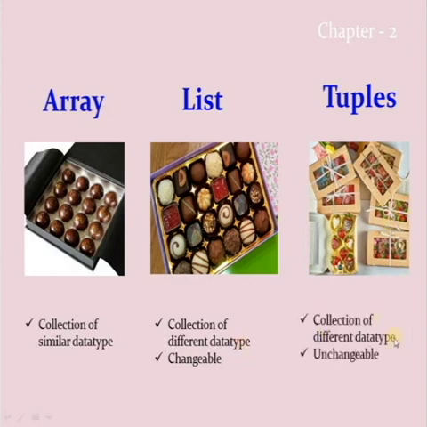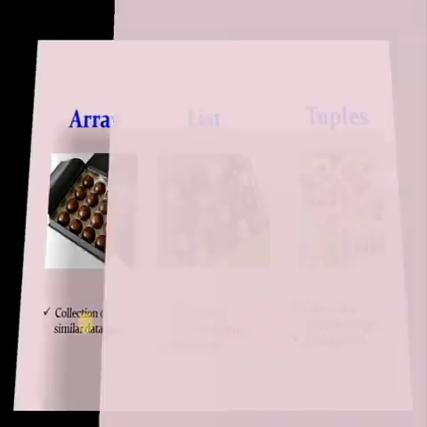It's also a collection of different data types, but they are all packed. So I want to implement a concept here. List and tuples both are the same: collection of different types of data. List is changeable, tuples are unchangeable. Array is a collection of similar data type. Do you remember the array in your C++? If not, I'll recall it.